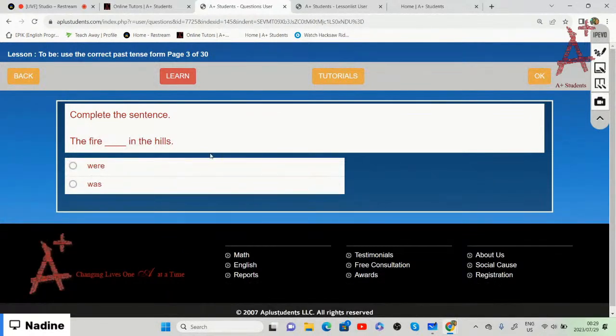The fire in the hills. Do we say the fire were in the hills or was in the hills? All right, so if we say in the hills, then we can maybe say the fire was in the hills. Sometimes it can be very tricky, especially if you say the fire, because remember, fire spreads.